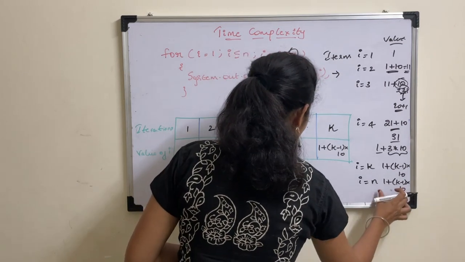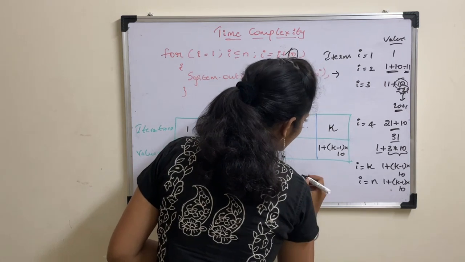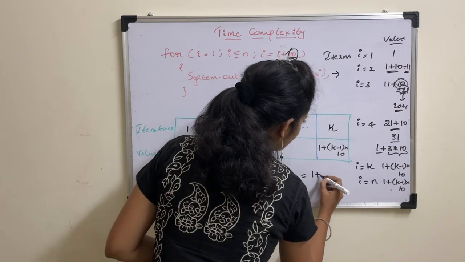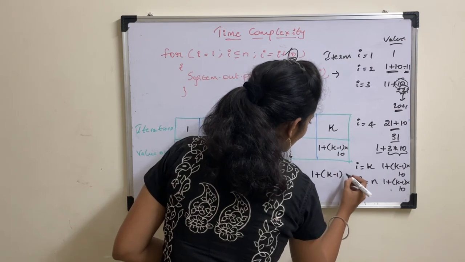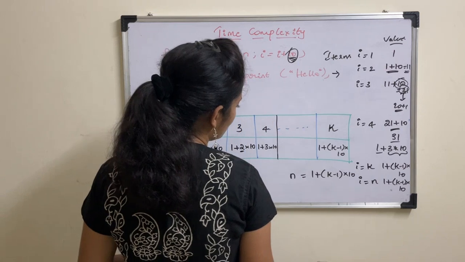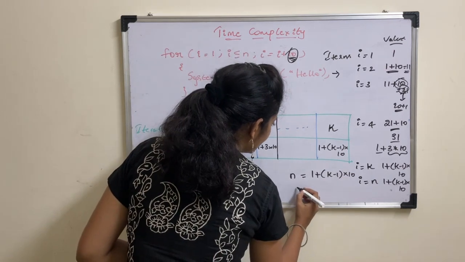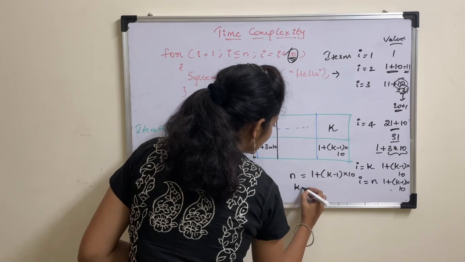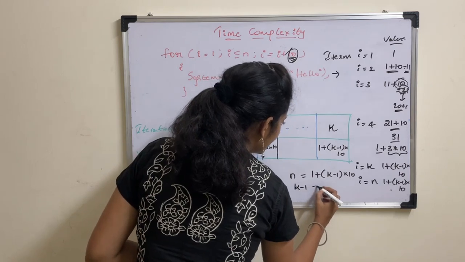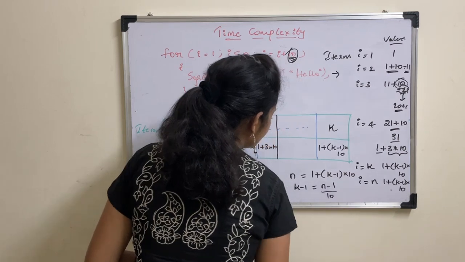So n equal to 1 plus k minus 1 into 10. And after this, again you need to write it as k minus 1 equal to n minus 1 by 10.